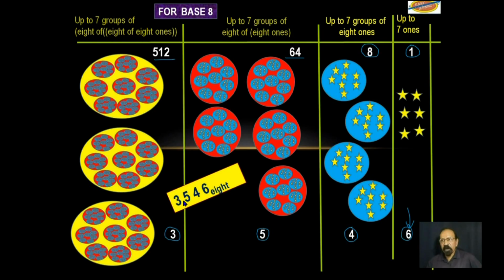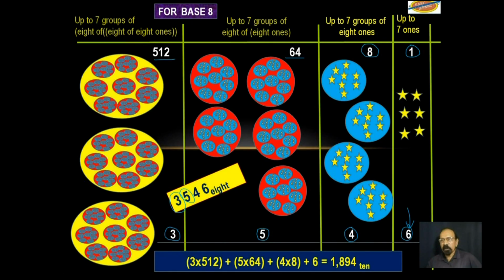So we write that as 3, 5, 4, 6, base 8. Don't say 3,546 because that 3 there is not 1,000 and neither is that 5 500 and so on. So we say 3, 5, 4, 6, base 8. If we were to convert that base 8 number to see how many stars we actually have in the more familiar base 10 system, we will multiply the 3 by the 512.